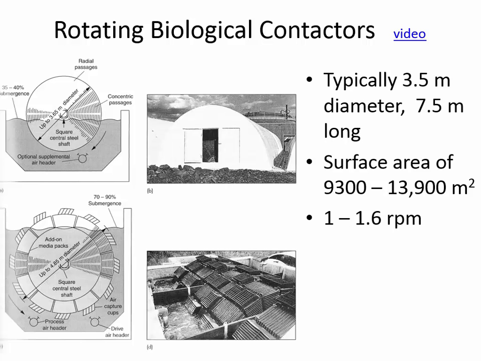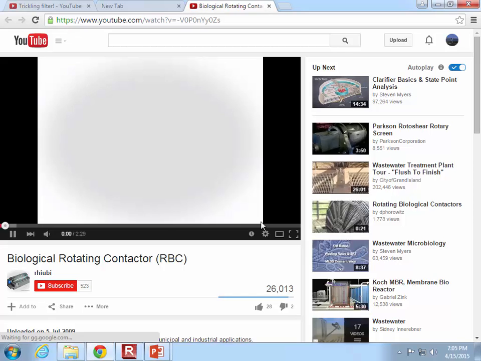What that does is the bacteria will grow on the surface of this media, and then when they're out of the water, they're getting contact with the air, and when they're down in the water, they're getting contact with the substrate. And so it's, in a way, an improvement on a trickling filter because you're avoiding the necessity of recirculating the water.